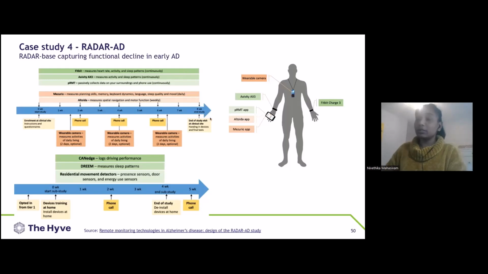So this would be the first tier, and there will be some participants who would opt in to go through the second tier and third tier. In the second tier, we will install some sensors in the car so we can understand how well their driving performance is, and also measure sleep patterns using the Dream device I showed earlier.